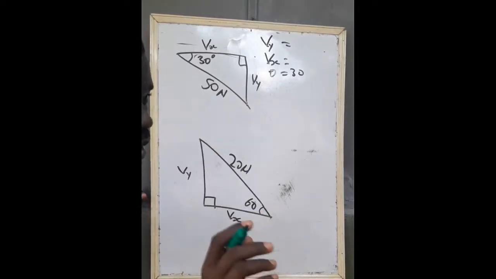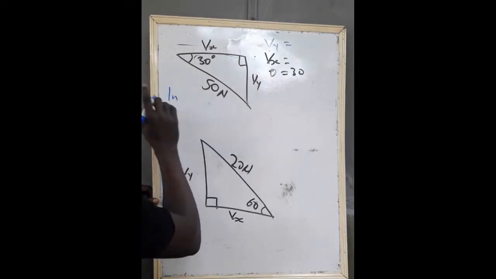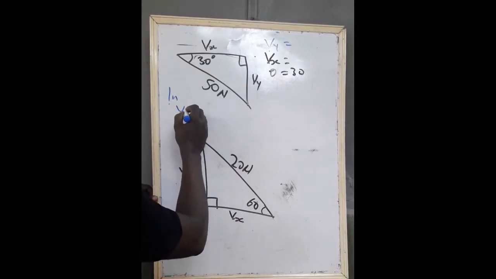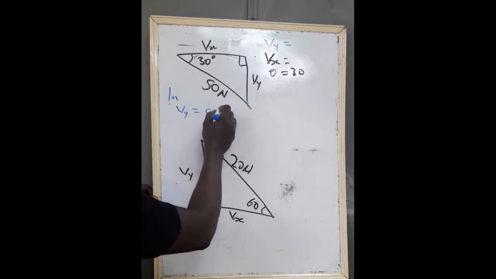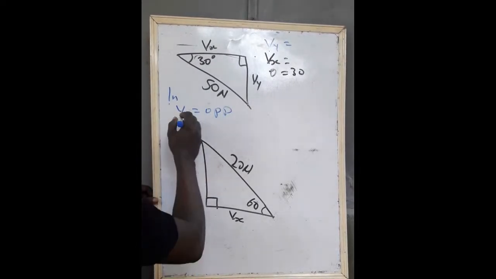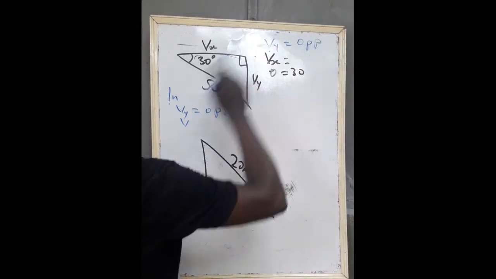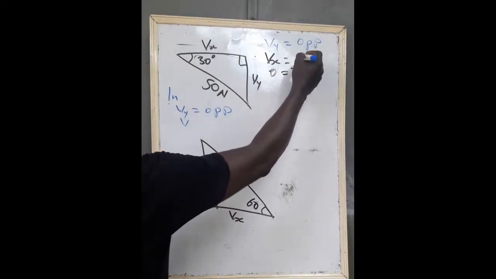It is not always equal to 30 degrees, mind you. In this triangle, the opposite is Vy, and the adjacent is Vx.